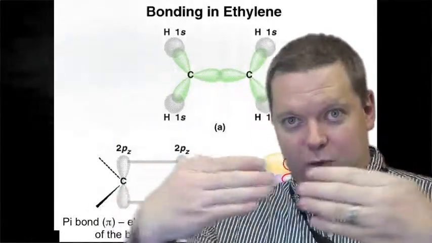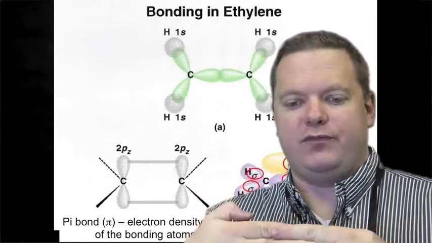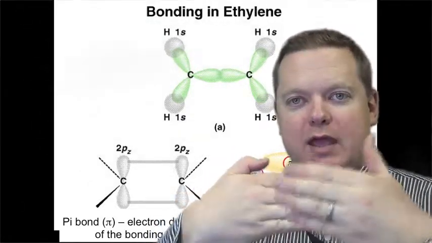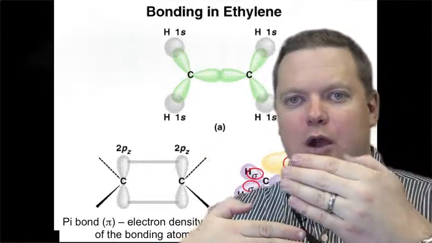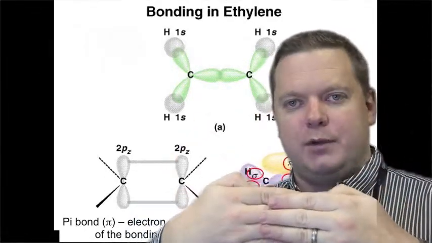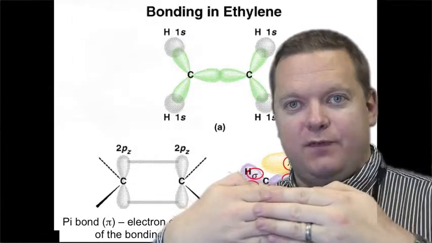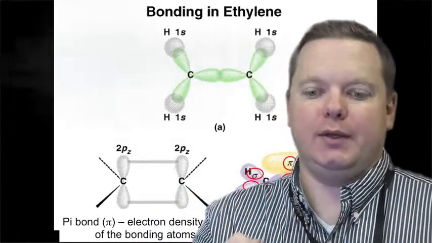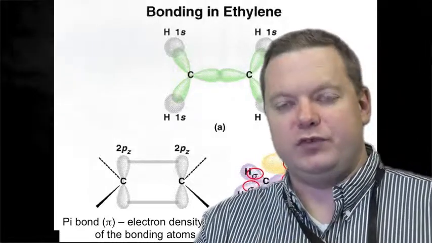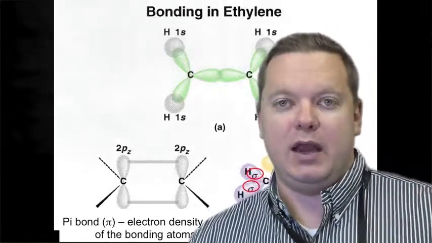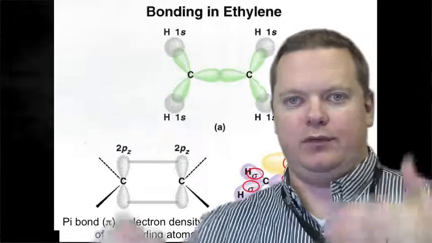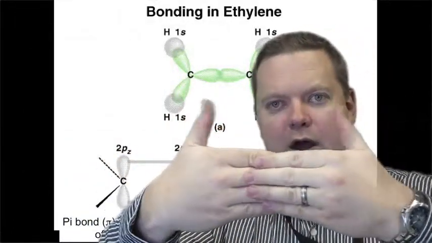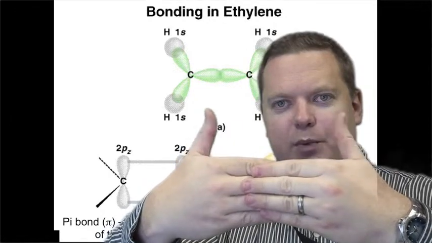So we're going to get one bond that overlaps from these 2 hybrid orbitals, the sp2 of one carbon with the sp2 of another carbon. That is going to be a direct overlap, which is what we call a sigma bond. But both of those carbons still have a remaining unhybridized p orbital. If those hybrid orbitals are arranged in this way, we have an unhybridized p orbital sticking up here.